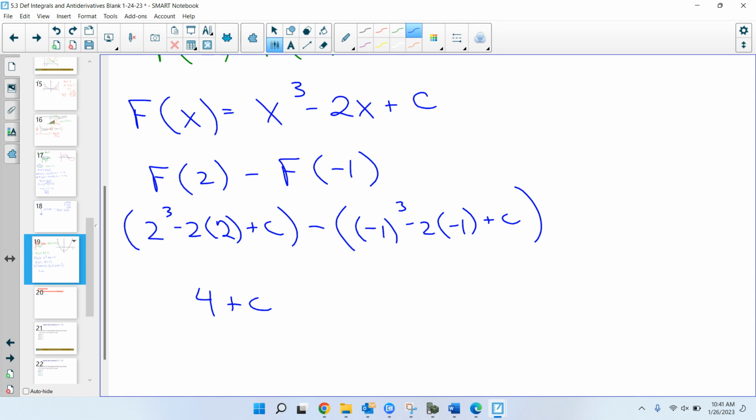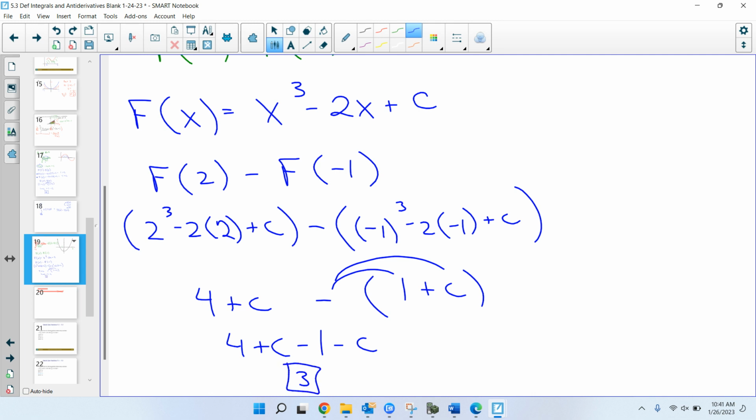Look at here. -1 plus 2, yeah, 1 plus c, minus -1, so double check, 1 plus c, yes. -1 minus c. 4 plus c minus 1 minus c. Did you get 3? Everybody get 3?